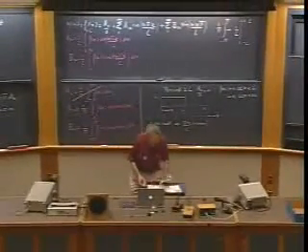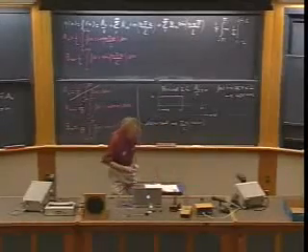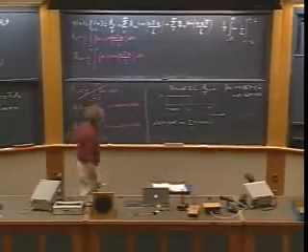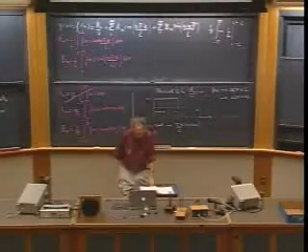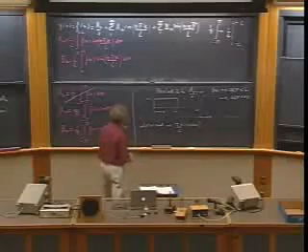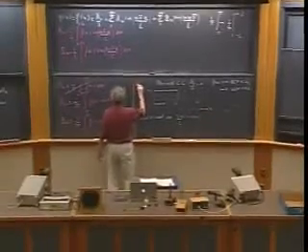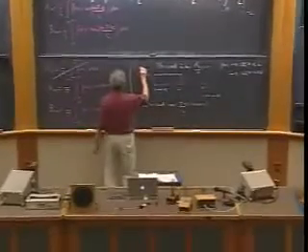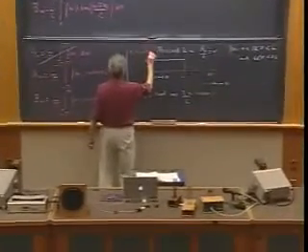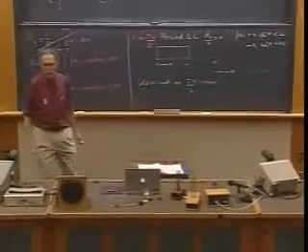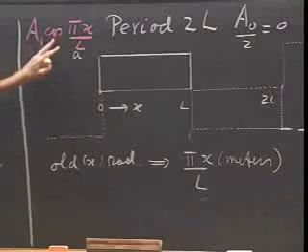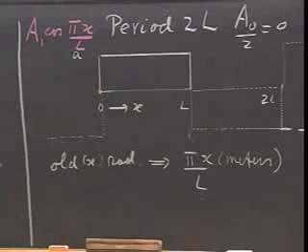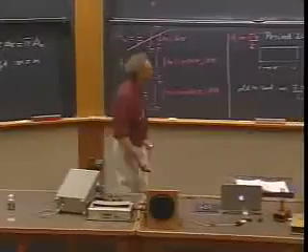I would like to take a look first at the values of A. We already agreed that A0 is 0, so that's not an issue anymore. But let us look, for instance, at the function A1 times the cosine of pi x over L. That would be the first term of the cosine series, and the second term would be A2 times the cosine of 2 pi x over L. Let us assume that we found the value for A1.